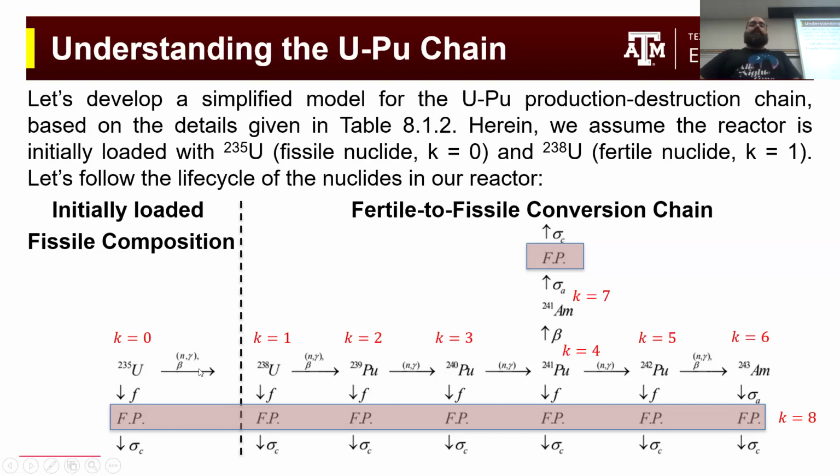U-235 could also capture a neutron, but not fission, and so that's going to result in U-235 becoming something else. But ultimately, the something else that it produces, we don't really pay too much attention to. If you see an arrow going away from a nuclide, those are losses for that nuclide. And if you see an arrow going into a nuclide, those are gains for that nuclide.